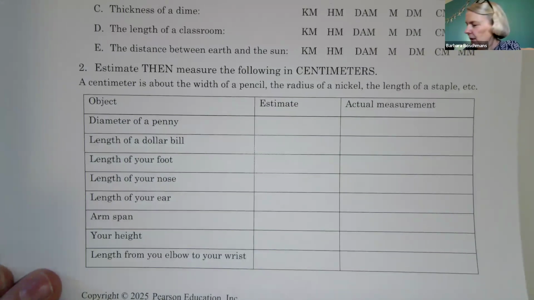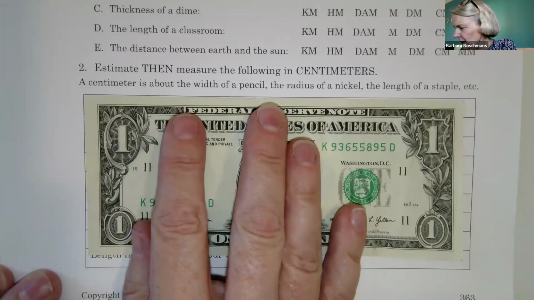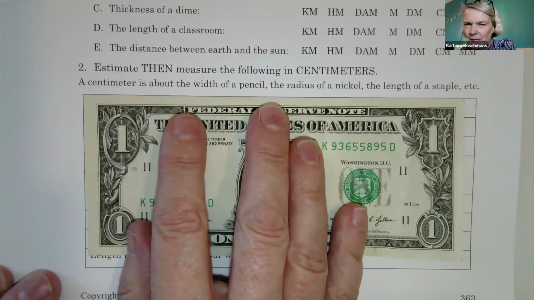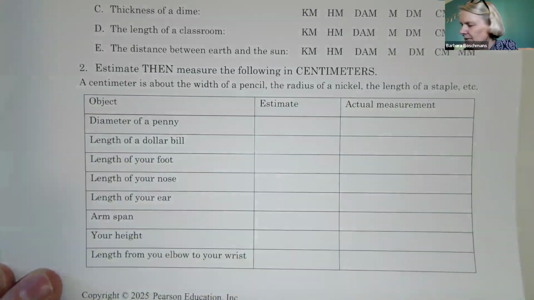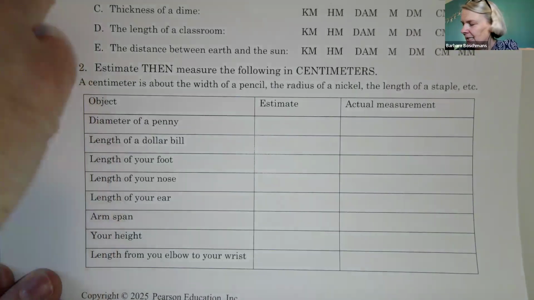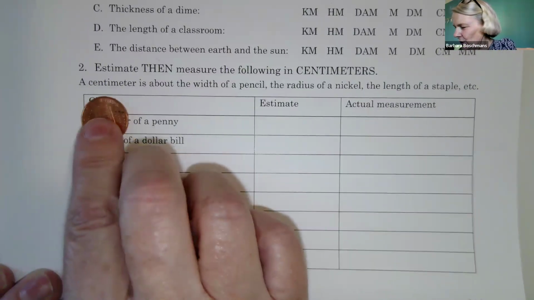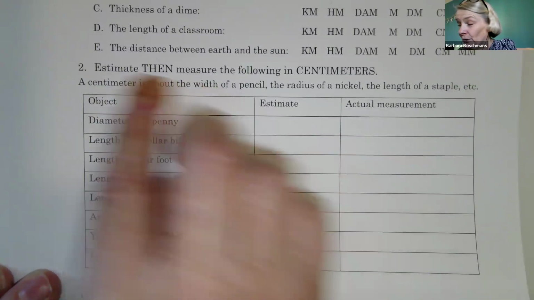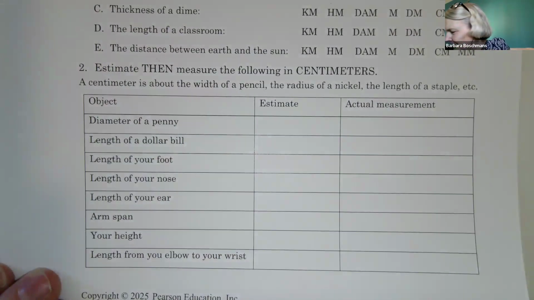The length of a dollar bill. So if you look here, that's a dollar bill. It's a little bit shorter than this table. So if you have an estimate for what this penny is, you could probably just move your penny over and use that technique. The length of your foot. So literally look at your foot and figure out the length of it in centimeters. The length of your nose. So right here is the length of your nose. Length of your ear, top to bottom.